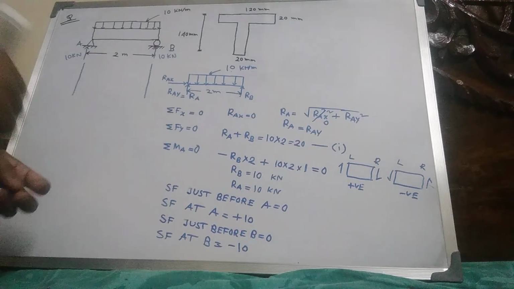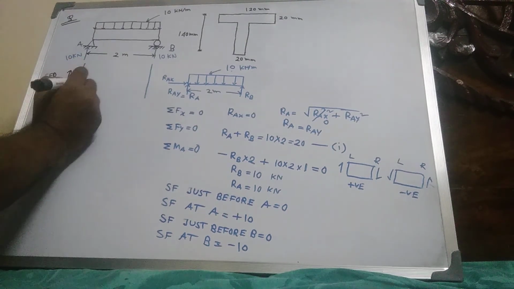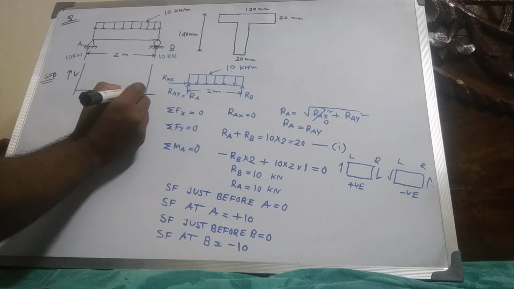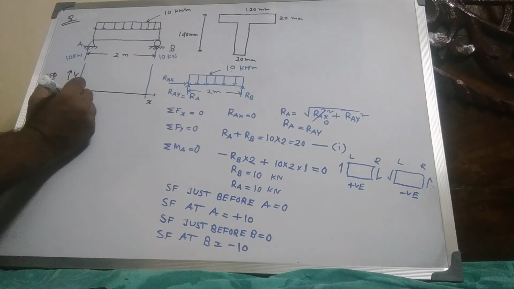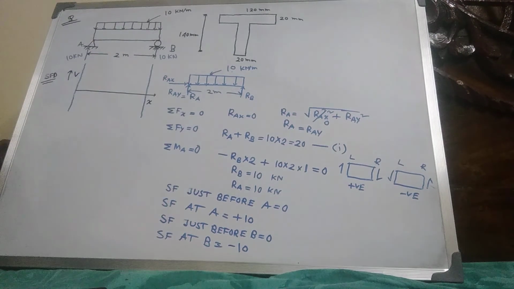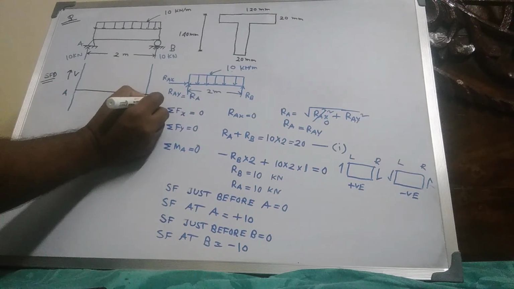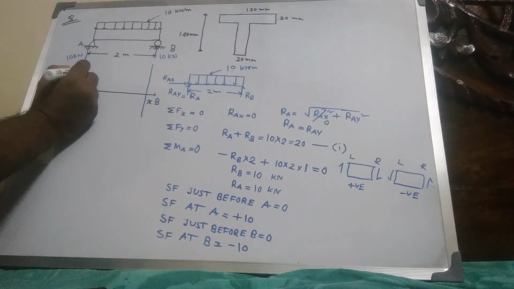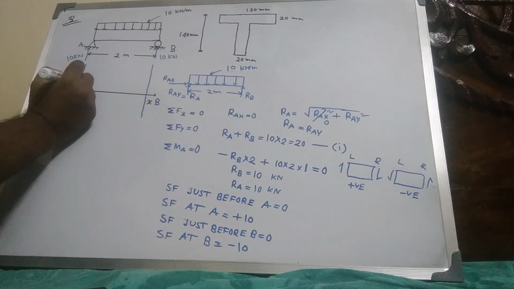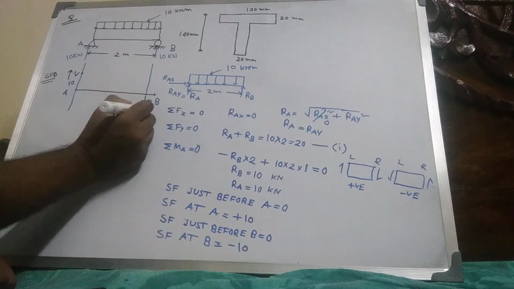Now draw the shear force diagram. This is V, this is x. On the left side, first 0, this is A, this is B, here 0, and now this is 10, and here is also 0, and this is minus 10.